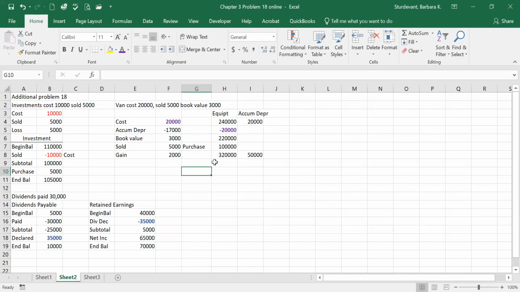Now, the other thing with that piece of equipment is it had accumulated depreciation. That accumulated depreciation is sitting right in here. And again, if I'm getting rid of this piece of equipment, anything to do with it has to come off the books.